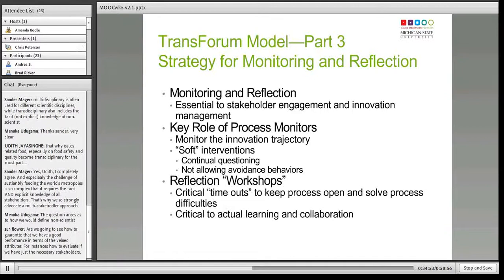Critical timeouts, if you will, where the members of the project group would come together to openly reflect on the process and solve process difficulties.